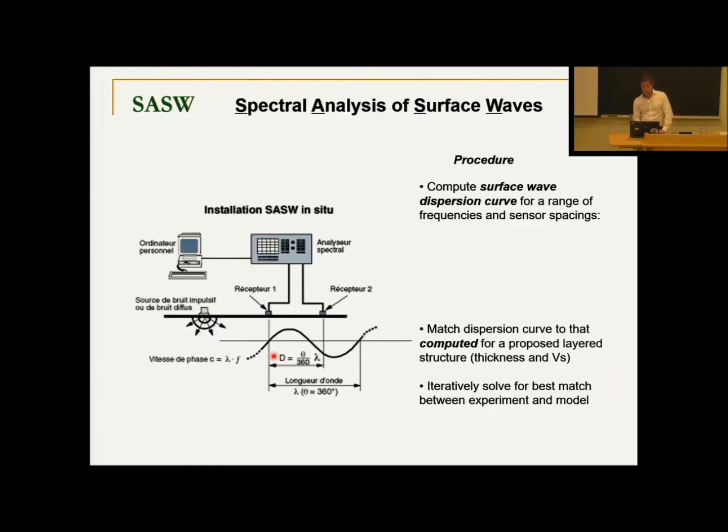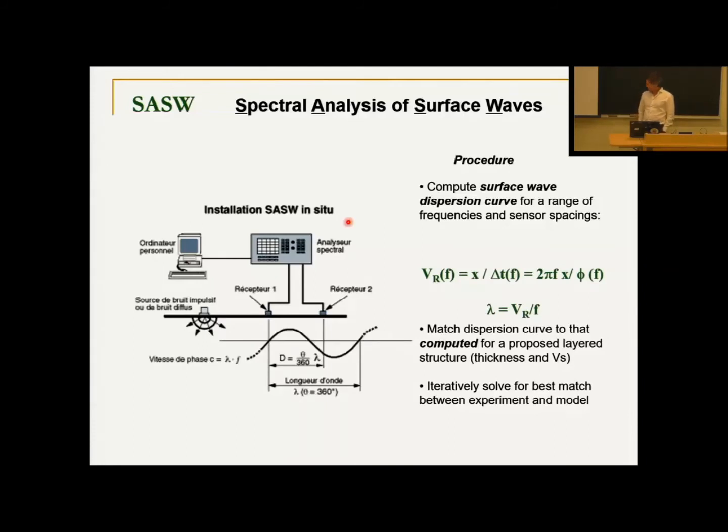And one kind of procedure to analyze that and consider the fact that maybe we have a layered structure like a pavement or a damage gradient or something like that is to consider how the velocity of the wave changes with frequency. And the thinking is that, well, if frequency changes, the depth changes. And as the depth changes, we are interrogating different parts of this layered structure, right?